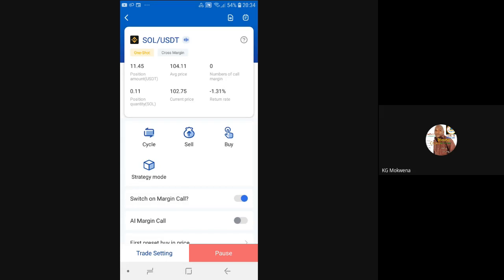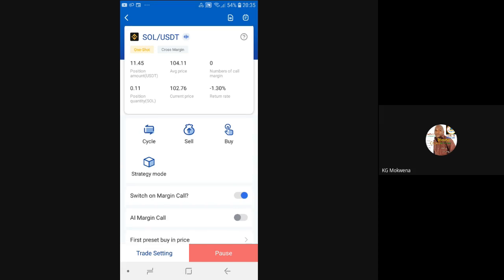It means now the distance between the market price and the average price of the new quantity that would have been added with $12, or any amount that you buy with, will be shorter, meaning that the return rate percentage will now become smaller than what you see now, which gives you a better chance of going into profit. So that's what is happening.